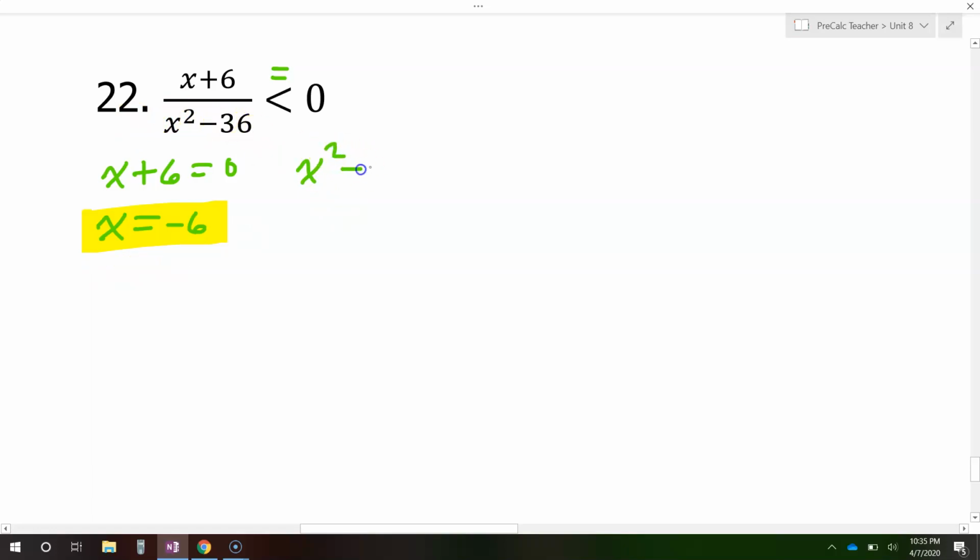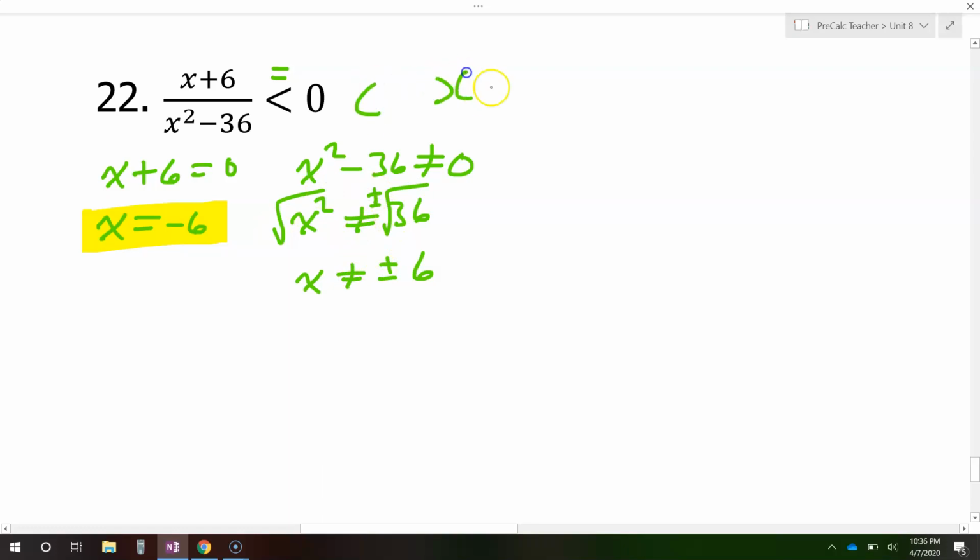So x squared minus 36 cannot equal 0, which means that x squared cannot equal 36, which means that x cannot equal plus or minus 6. I just took the square root of both sides and I remembered my plus or minus. I also could have done the difference of two squares, x plus 6, x minus 6. Either way, you're going to get plus or minus 6.